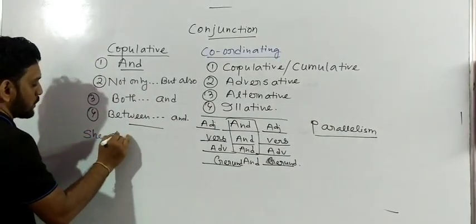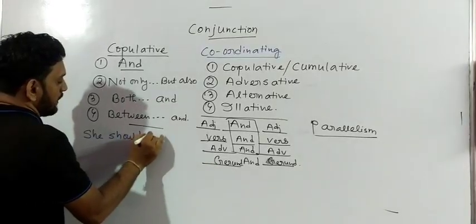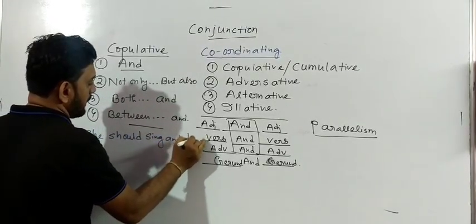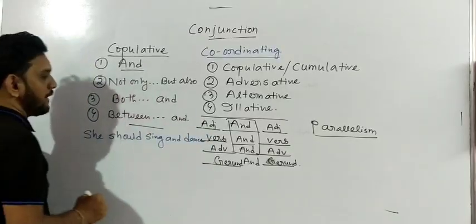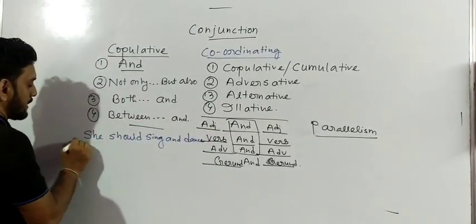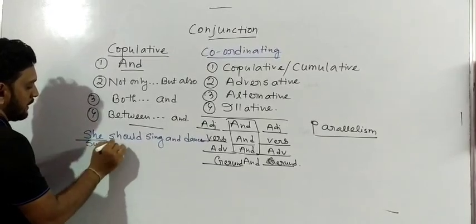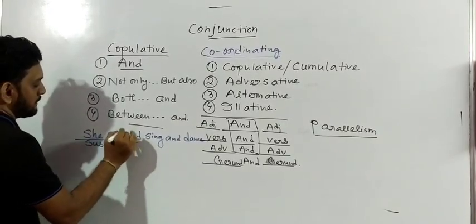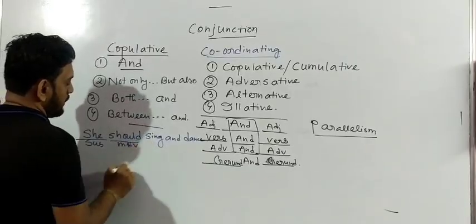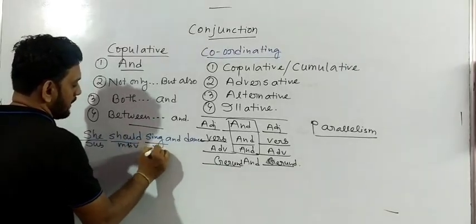She should sing and dance. I have written a sentence. She should sing and dance. Now, here the subject is she. Should is a modal helping verb. Yes or no? You see, she should sing.